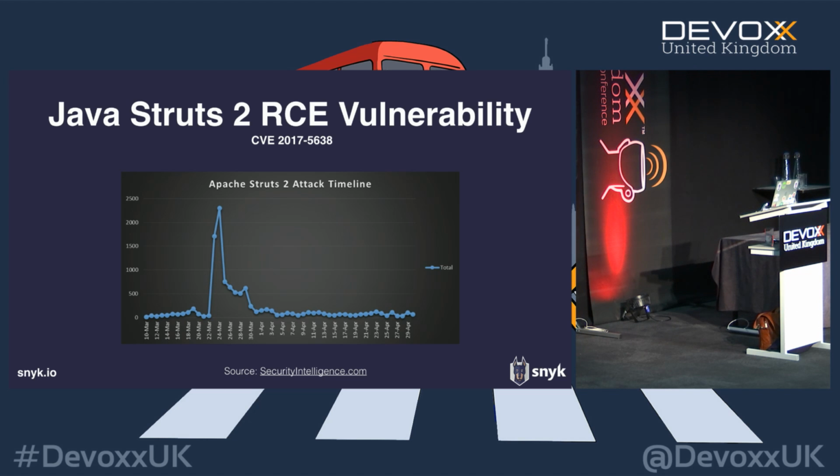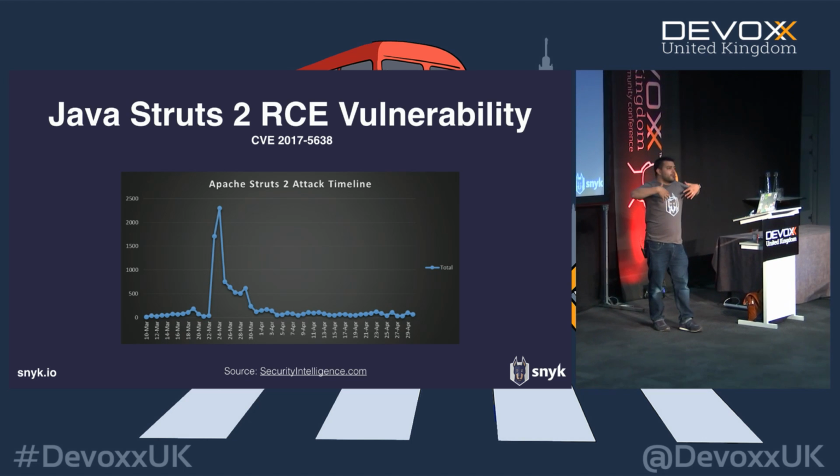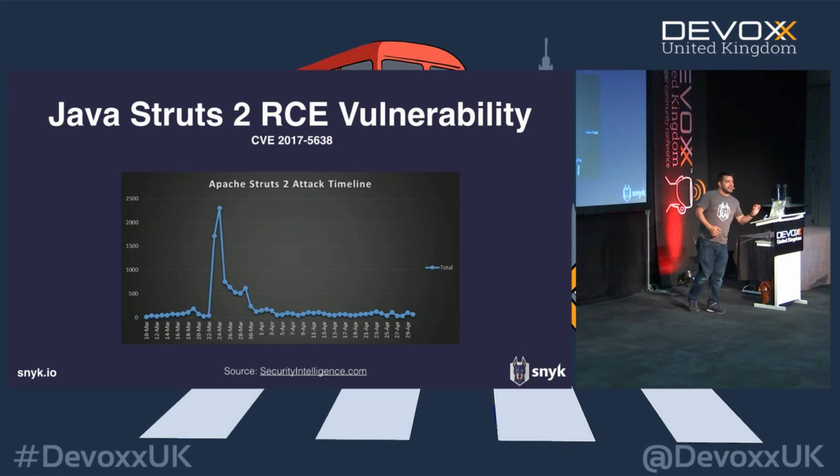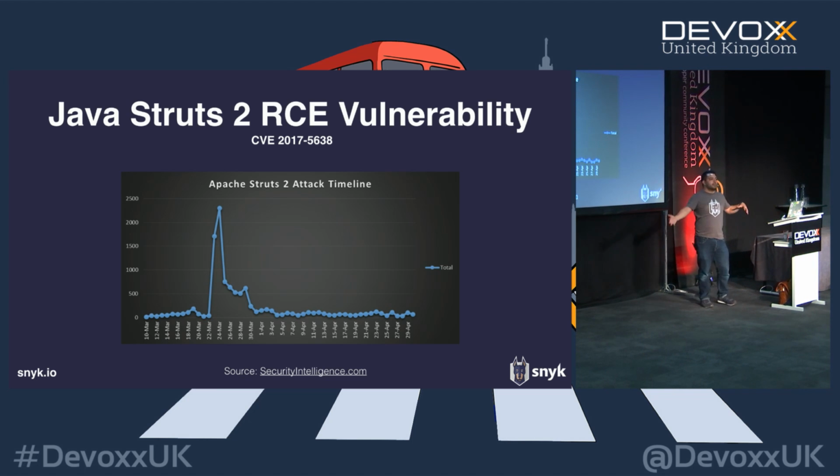It shows the focus Struts got from attackers once the exploit was public: almost 2,500 attacks on Struts 2 because the exploit was available. When people use and reuse open source, if you find one exploit, you have many victims because loads and loads of people pull that in. That's one reason why attackers target open source and reusable code.